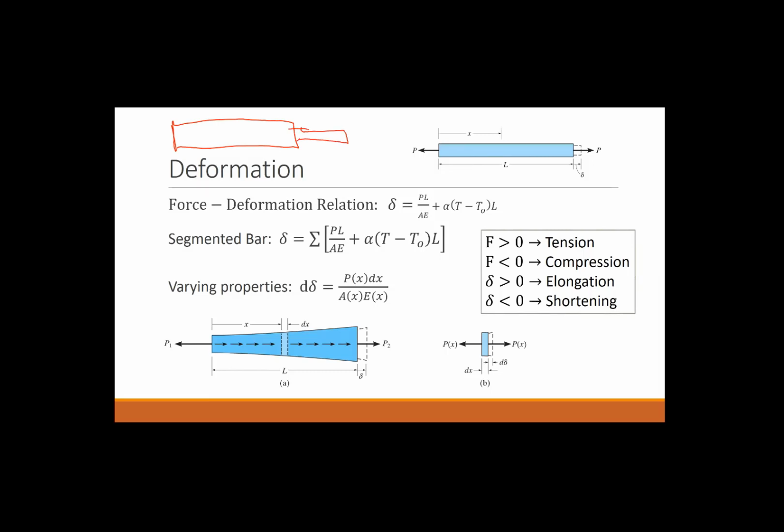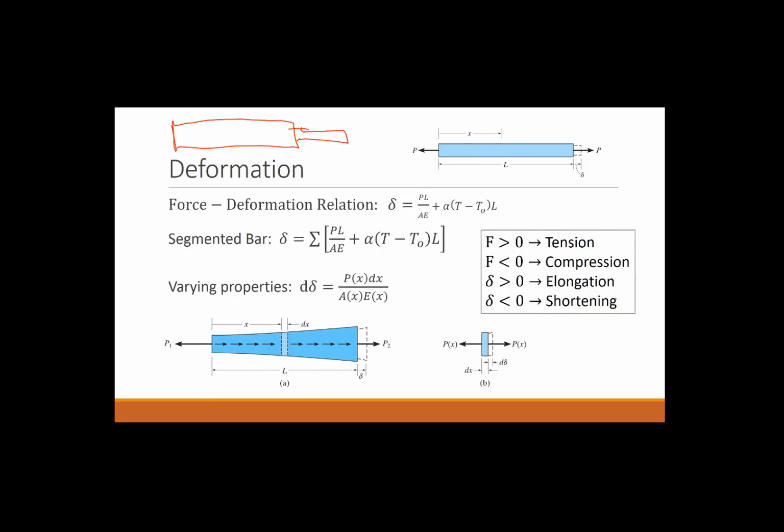These could be two different cross sections like I've shown here, or they could be two different materials. And in that case, they no longer have either the same A or E, or possibly both. If they're different cross sections and different materials, then both A and E are different.